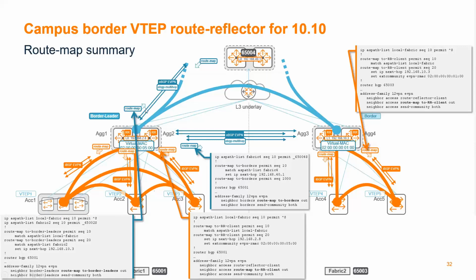And here, the route map that is from the border leader to the Fabric 4, the external site here, is exactly the mirror of what I just explained, which is matching everything on Fabric 2, so that I will set the next hop, when it's Fabric 2 EVPN routes, to the IP address of the border that is in Fabric 2.